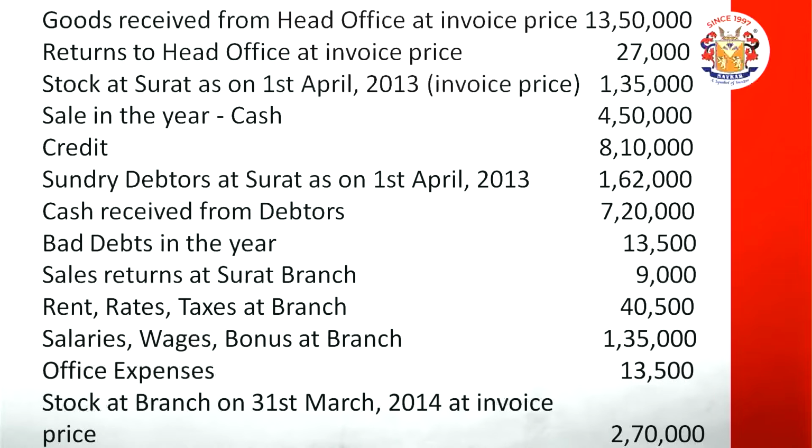Stock at Surat as on 1st April 2013, invoice price, means opening branch stock at 133.33 equals 1,35,000. Sales in the year: cash sales 4,50,000, credit sales 8,10,000, sundry debtors at Surat as on 1st April 2013 1,62,000, cash received from debtors 7,20,000, bad debt in the year 13,500, sales returned at Surat branch 9,000.